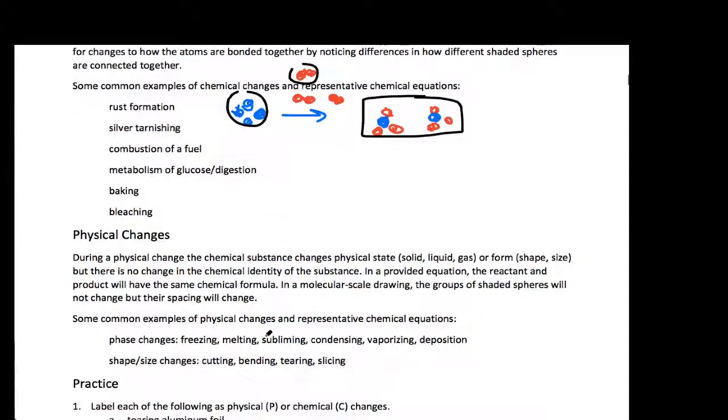If we look at physical changes, these do not involve a change in chemical composition. So if you look at solid water called ice, and you melt it into liquid water, or you vaporize it into steam, it's still water though. So you're not actually changing the chemical. So you can chop something down, you can cut things in half, but it's still going to be the same substance.